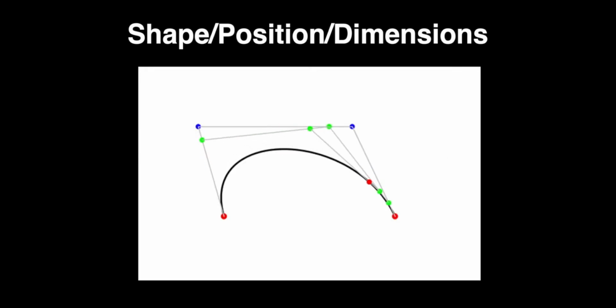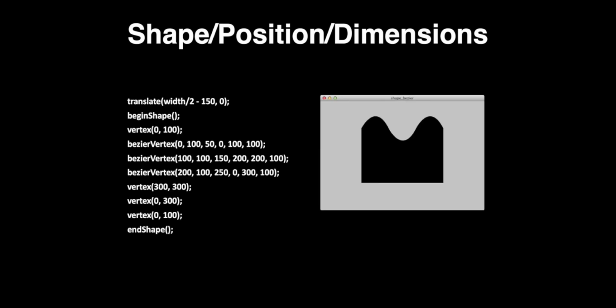So here's a little animated graphic that shows you how a Bezier curve works. Based off of where the handles are and where the point is, that's the shape of the curve that it's going to create. So here is a little example that we could play around with that is just creating a little curved shape at the top.